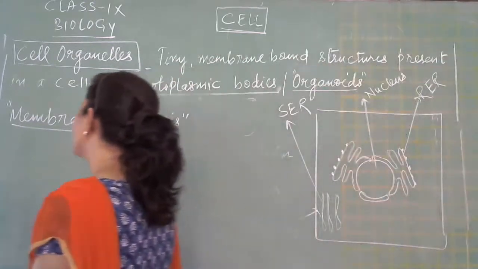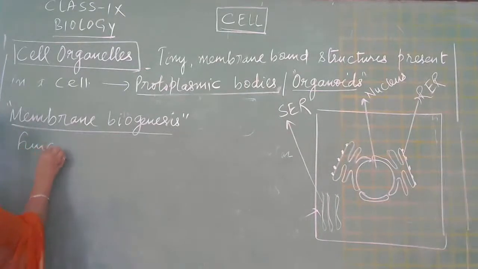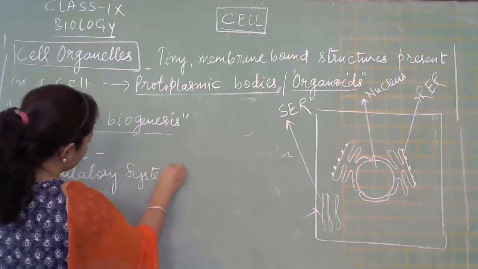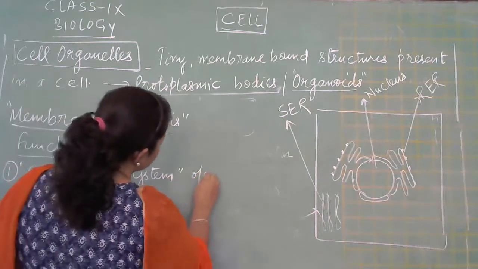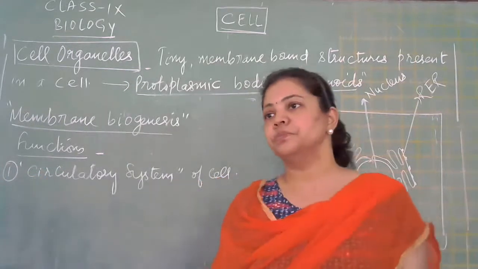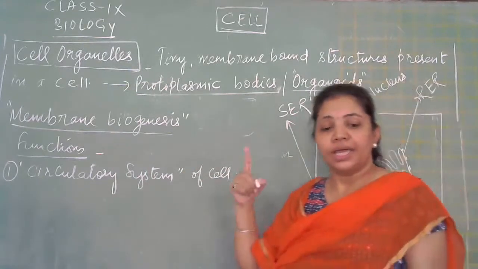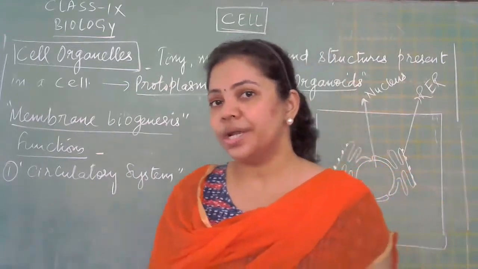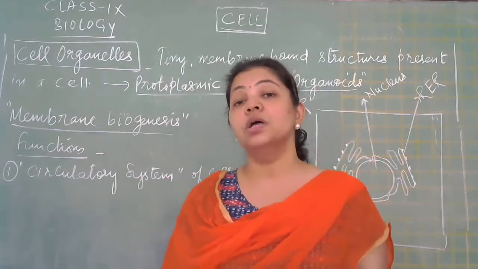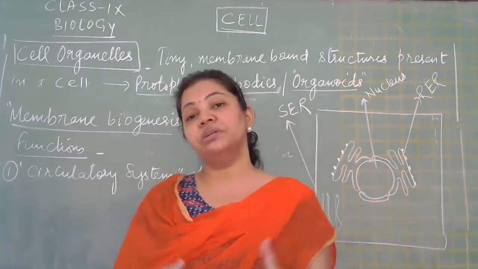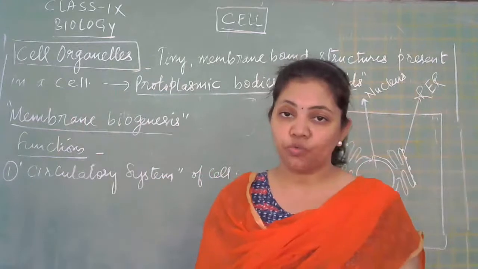Now, that is function. What are the functions of endoplasmic reticulum? So, the first one is that it acts as the circulatory system of the cell. In 7th standard, you learned about your own circulatory system that is comprised of blood vessels and heart. And the main job of circulatory system is transportation of substances to various parts.